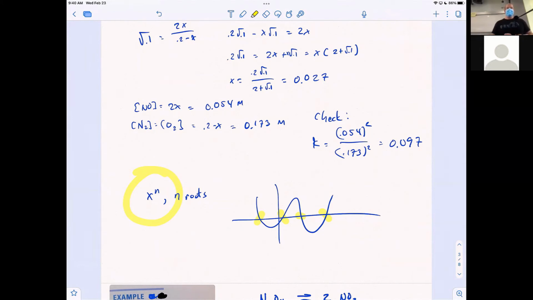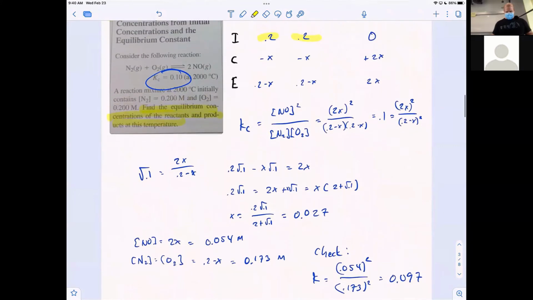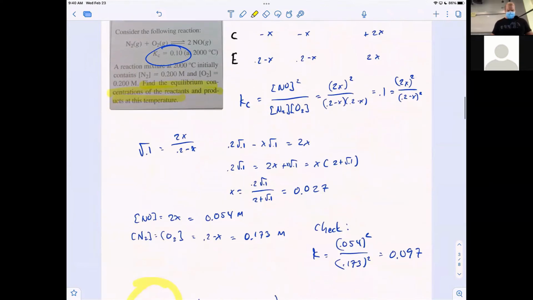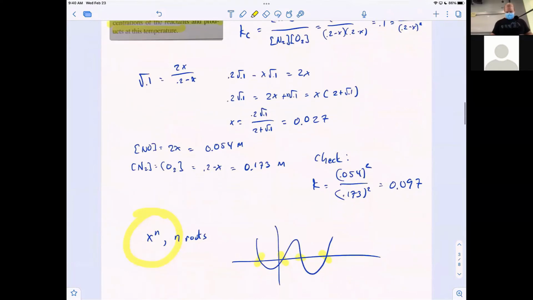The thing is, though, that when you try to apply it to something that's real and physical, only one root actually works. So this one's easy in a way because it's a square, and because you square something, mathematically speaking, you generate another root. But this one's easy because it's concentration. You throw out the negative root. It's kind of duh. It's easy.